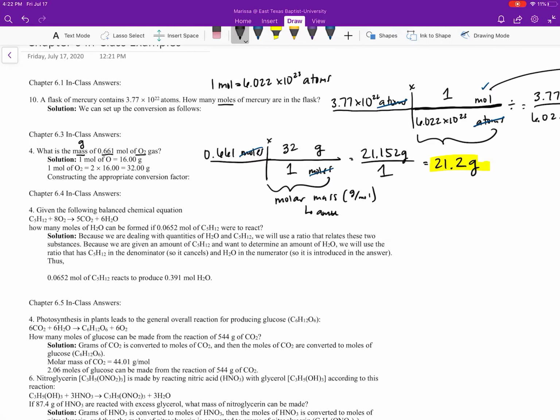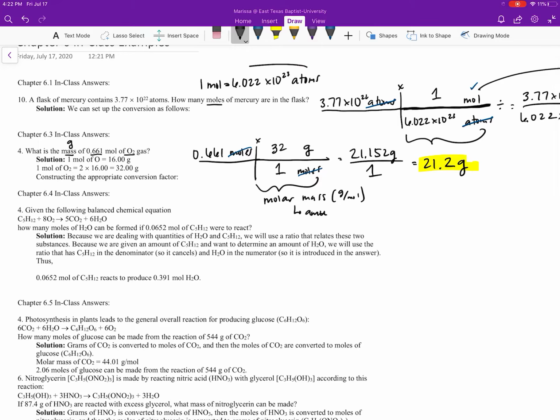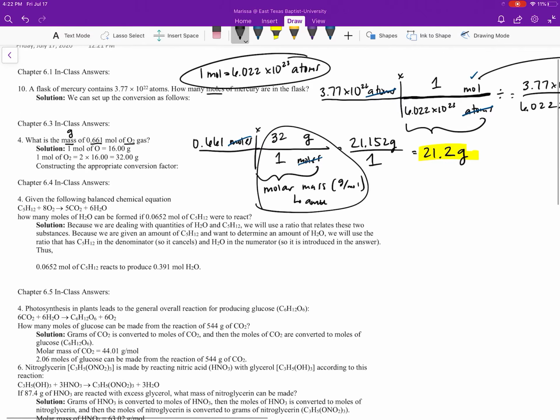So the thing about conversion factors here and here is that the number of sig figs is considered to be infinite. So we're not going to count those when we report our final answer. We're only going to worry about the number that we're starting with because that's our measured value.